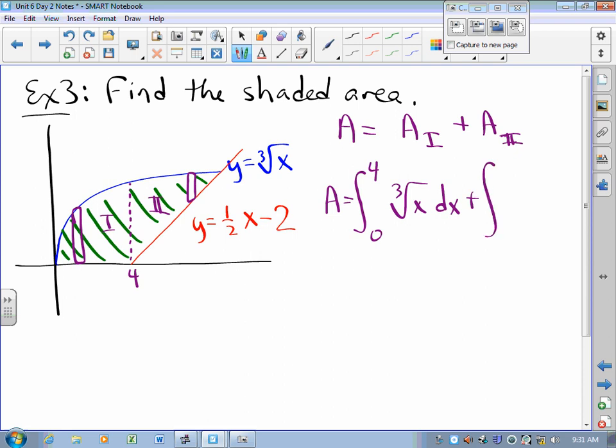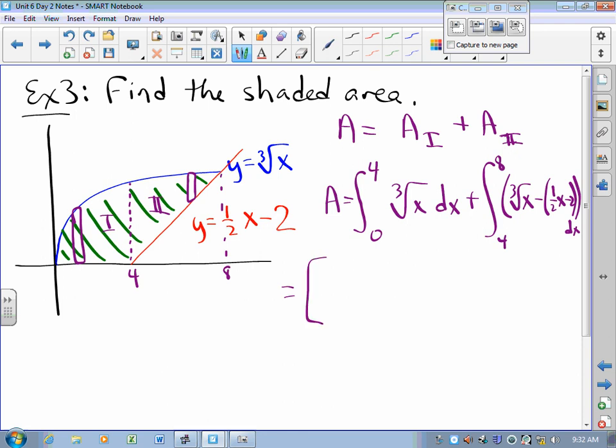But then when I'm interested in area 2, that's from blue curve to red line. And blue curve to red line is top minus bottom from 4 to 8. And if you were to crank that out, I bet you could.